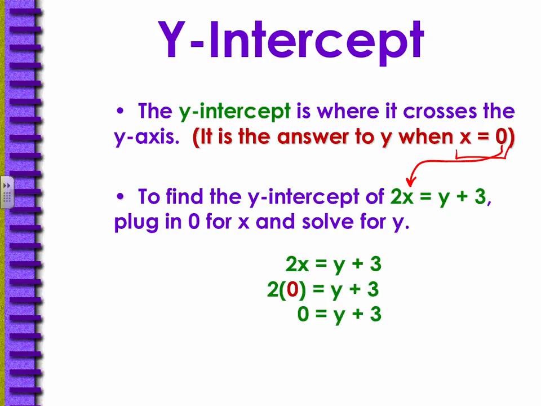So 2 times 0 is 0, equal to y + 3. Subtract your 3 from both sides to get -3 equal to y. Again, if we're finding an intercept, it is a point, so we need to finish by writing this as an ordered pair. We know the x value is 0, and we found the y value to be -3. So that is our y-intercept, (0, -3).